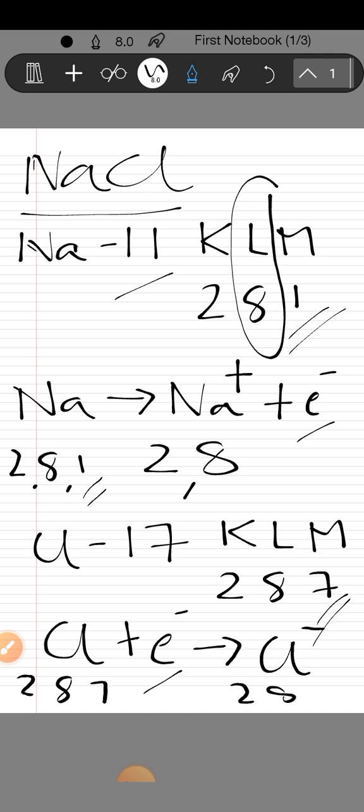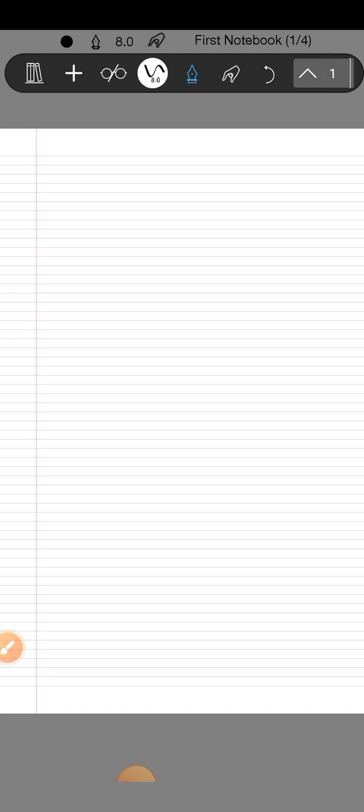So now we're moving ahead with the last part of the formation of NaCl. So sodium will donate one electron. So I will just put a dot.